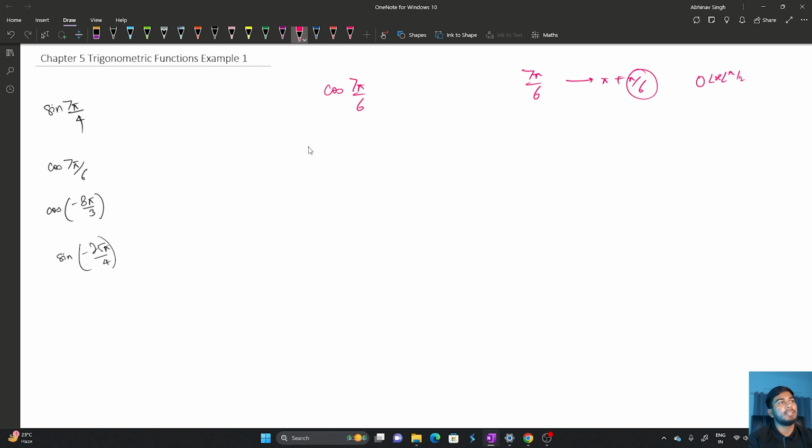So I will write it as cos pi plus pi by 6, and cos pi plus theta, so it's a pi, so write the same thing, which is cos pi by 6. Now to guess the sign of it, pi plus x means third quadrant, cos negative. So it will be minus cos pi by 6, which means minus cos 30 degrees, minus root 3 by 2.